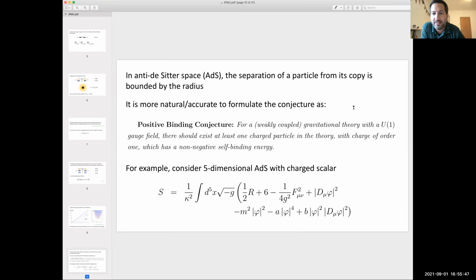Yes. The way this formulation says there should exist at least one charged particle in the theory, but doesn't that imply that that particle automatically has to be unstable? Well, if the binding energy is positive, then isn't it always unstable to decay?